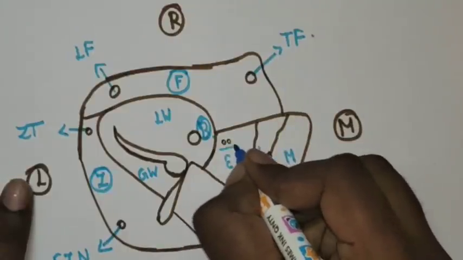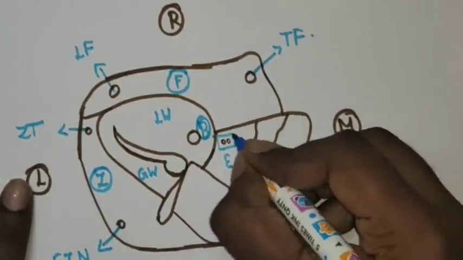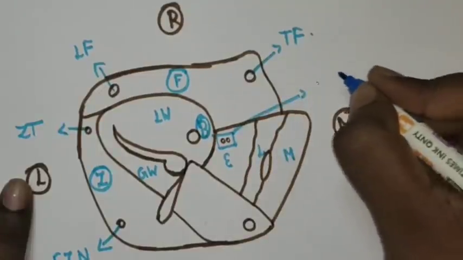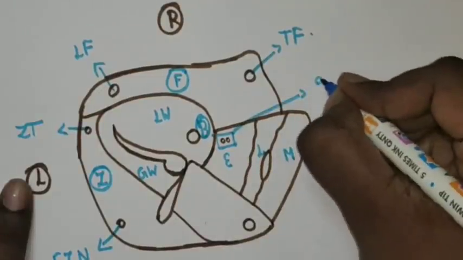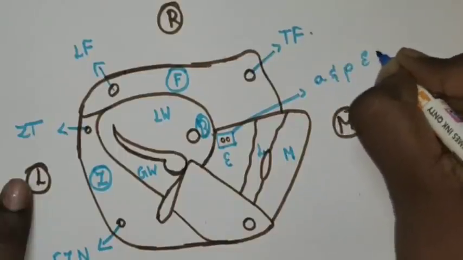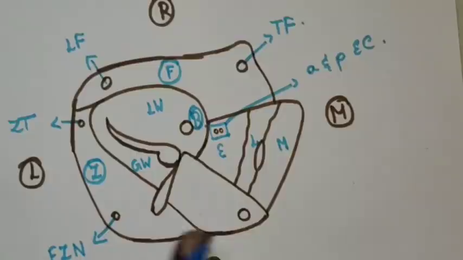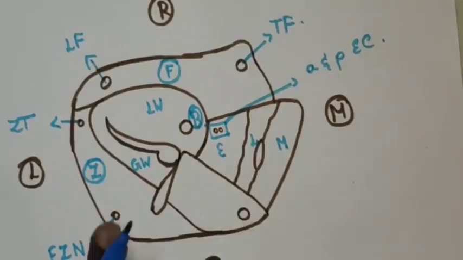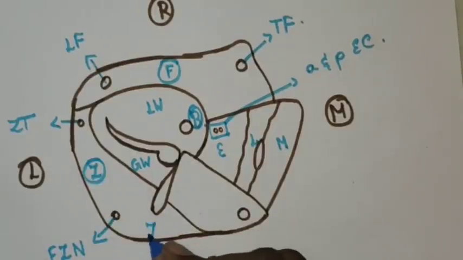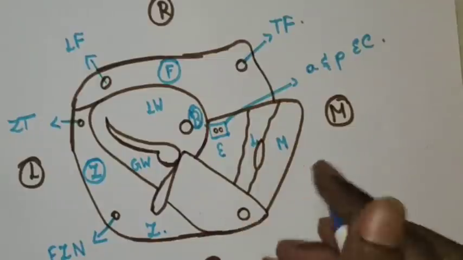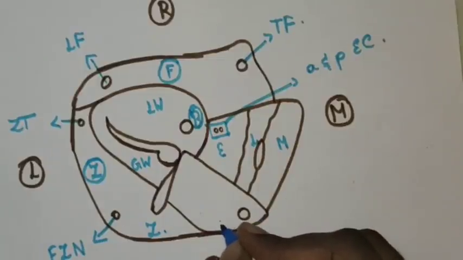These two things over here are known as the anterior and posterior ethmoidal canals. Over the base, we have the continuation of the zygomatic bone here, and over here we have the continuation of the maxillary bone.